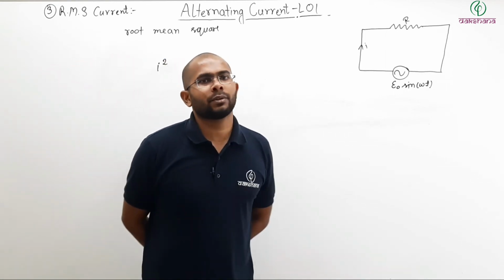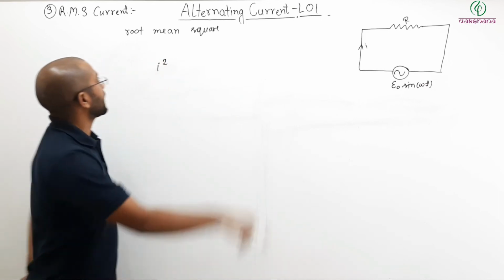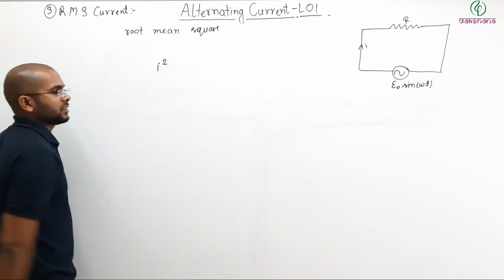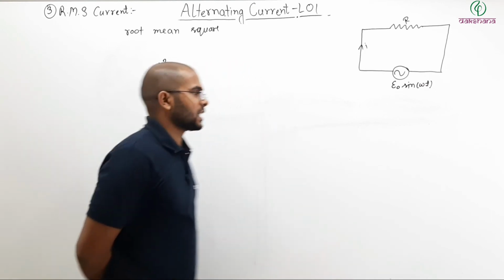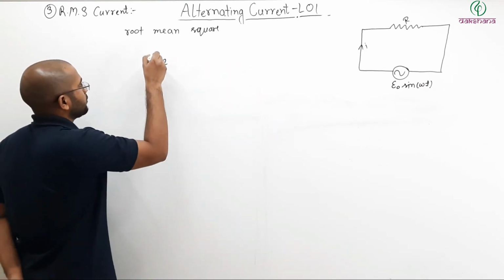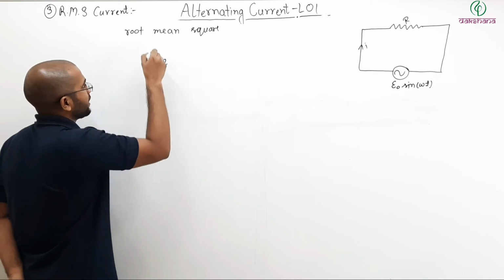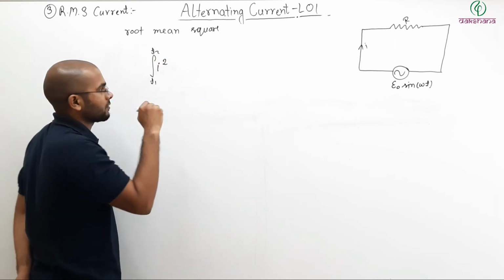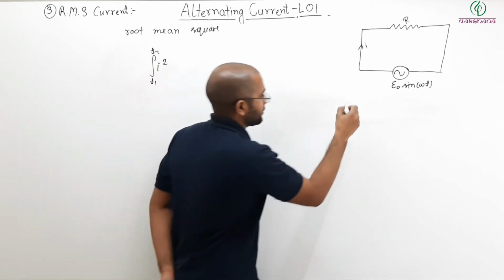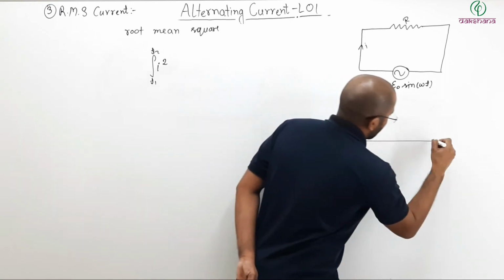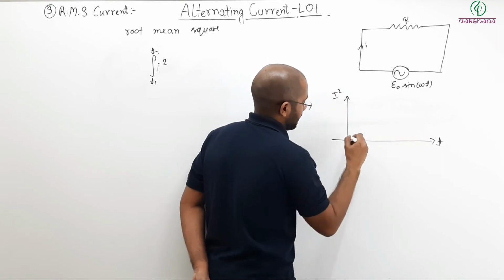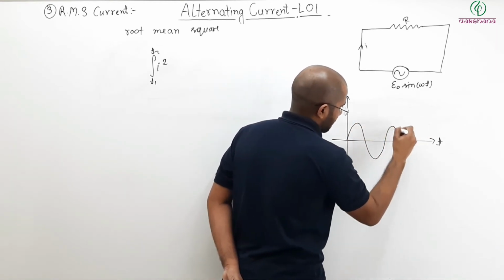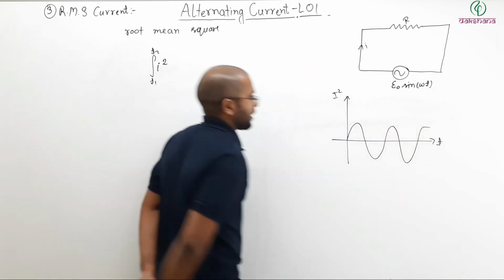Then what do I need to do? I need to take the average of this. Now how do you find the average in this case? If you want to know the average, what you will do is integrate from T1 to T2, the area under the curve. If I have a curve of I square versus time, remember, this is not a curve of I, this is a curve of I square versus time.